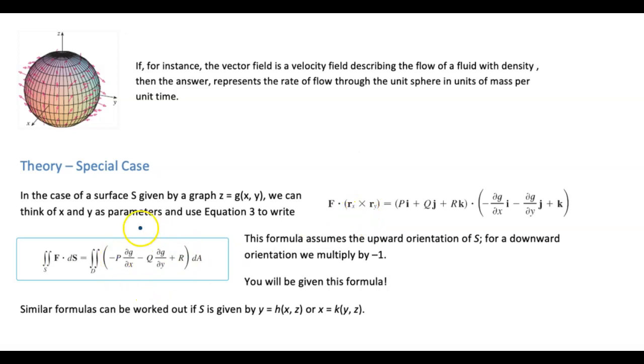And so we are just left with this formula. Again, you will be given this formula. You'll be given all three of these formulas on your test, so there's no need to memorize them. We're going to use this to evaluate a surface integral. We're doing the same thing, but this new formula just takes away that cross product.